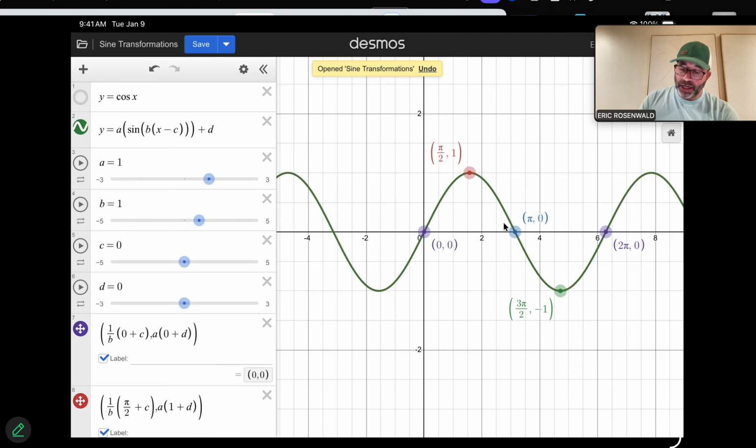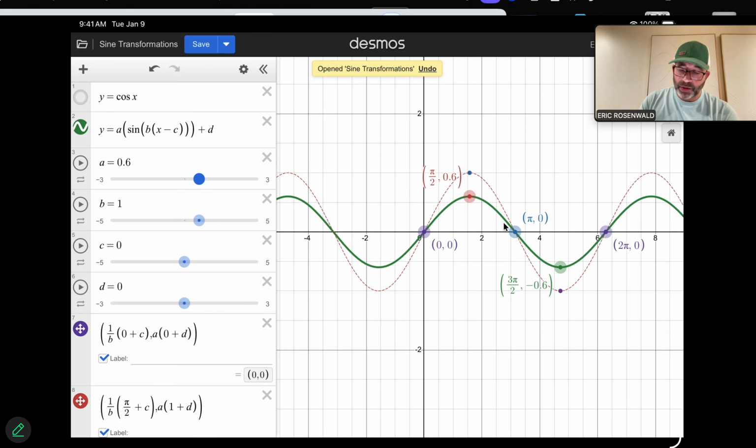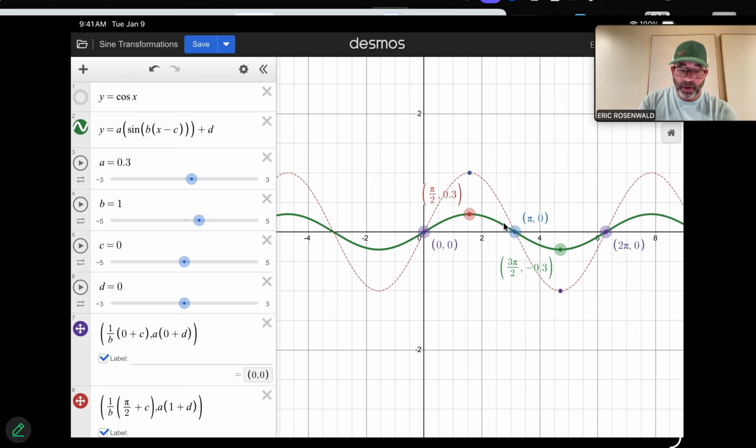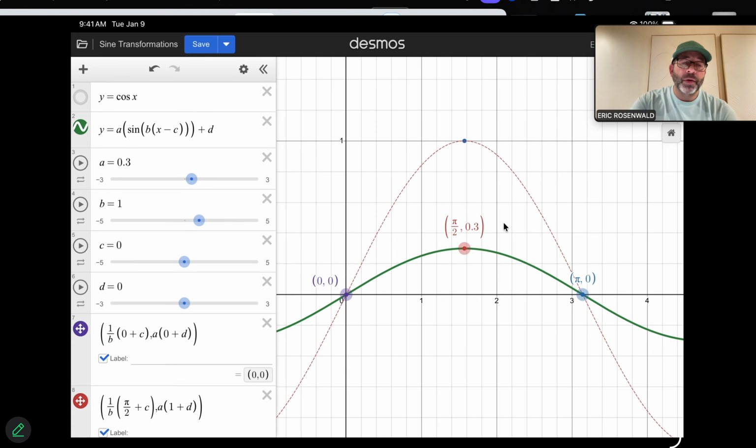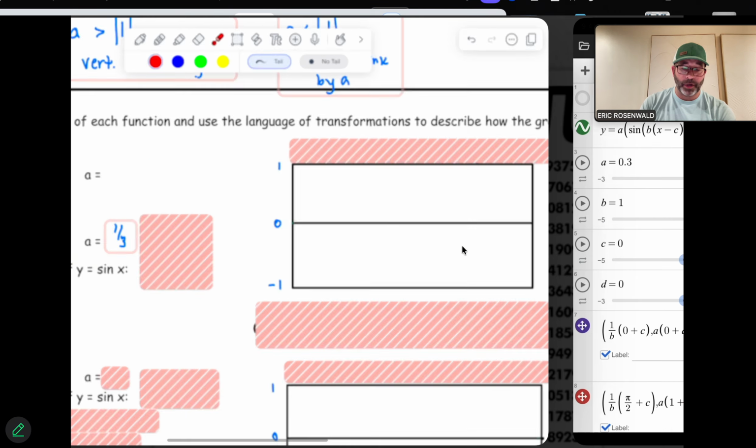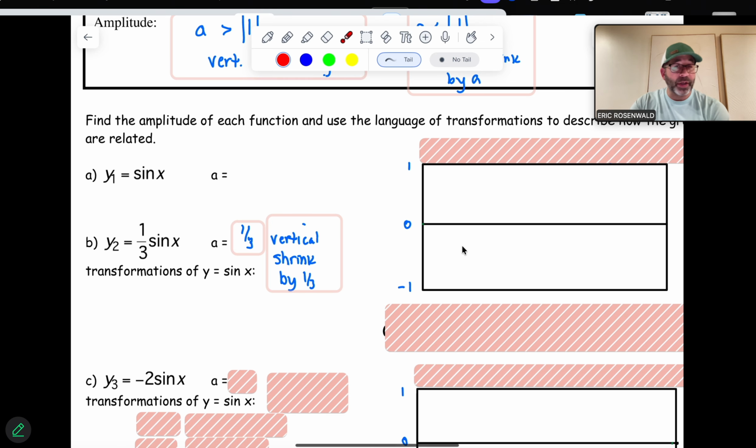I'm going to change my A value to 1/3, so about 0.333, right? And look at what happened here. You can see that the graph is now from 1, it is now down here. It is 1/3 what the y value used to be, which means that this is a vertical shrink by 1/3. Okay? And so it's a vertical shrink by 1/3.